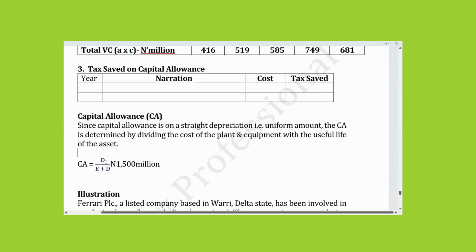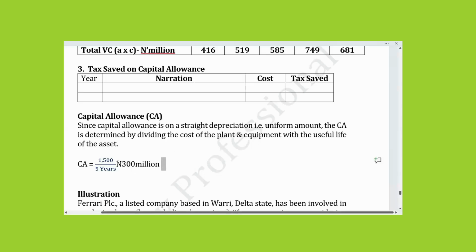All right, so in this case, capital allowance will be equal to 1,500 divided by the useful life of 5 years. That will give us 300 million for each year.